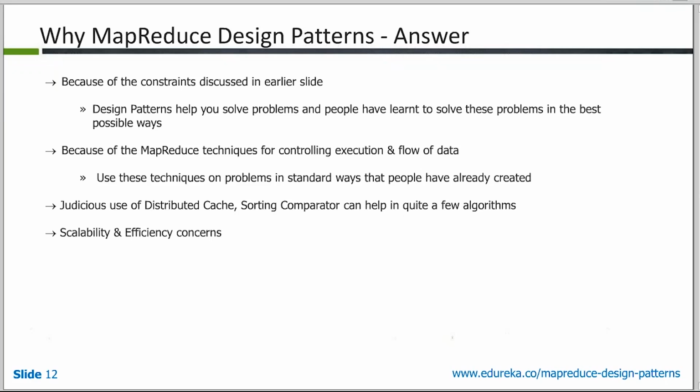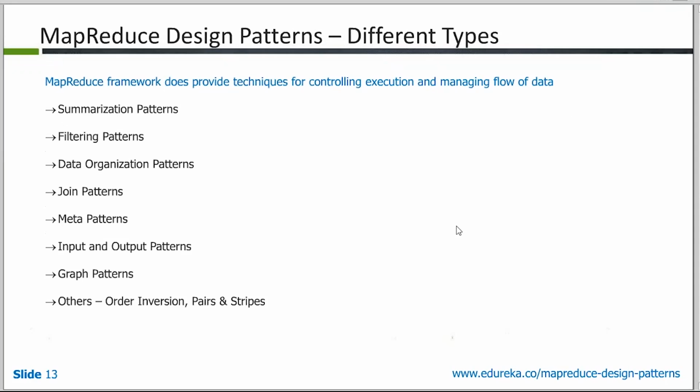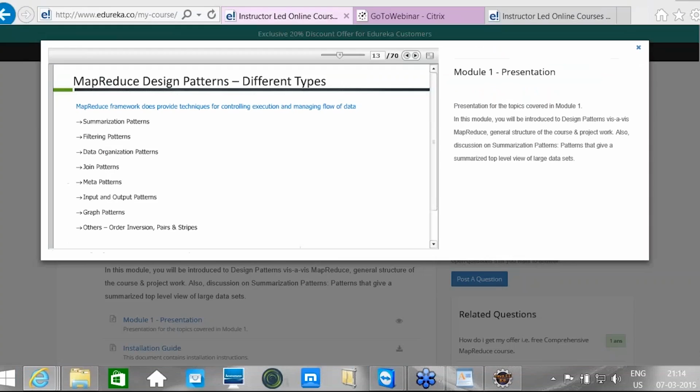So what is the answer that we got on why we need MapReduce design patterns? Because of the constraints that we saw in the earlier slides. The patterns help you solve problems, and there are people who have already learned to solve those specific problems in certain ways, so it's good to use those patterns.